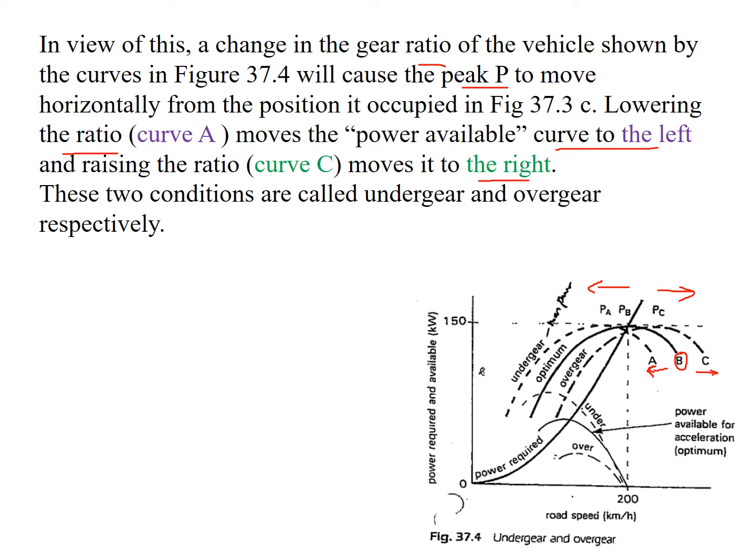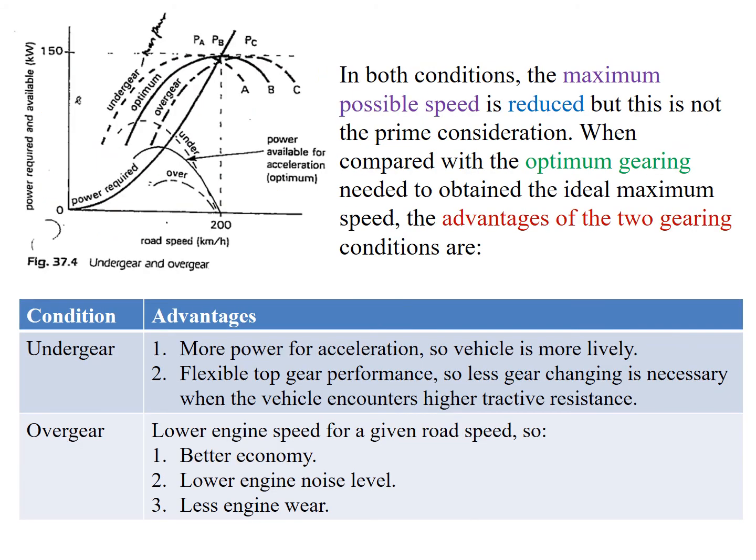So the peaks PA, PB, PC are moving horizontally. These two conditions are called under gear and over gear respectively. To the left we call under gear, to the right we call over gear. In both conditions, the maximum possible speed is reduced, but this is not the prime consideration.